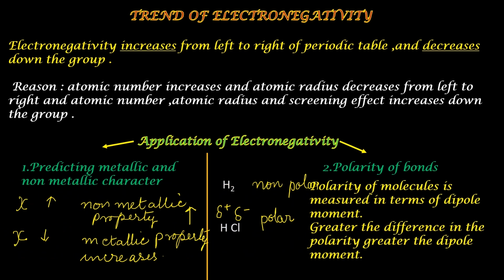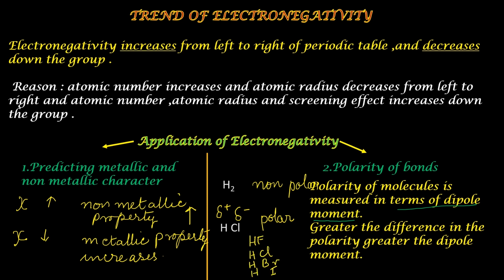The charge separation or polarity of the molecule is measured in terms of dipole moment. Greater the difference in the electronegativity of the participating atoms, greater the dipole moment. For example, the difference in the electronegativity of chlorine and hydrogen in hydrogen chloride molecule will decide the polarity of hydrogen chloride, that is dipole moment.